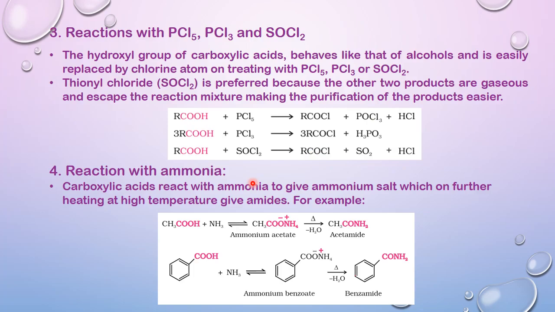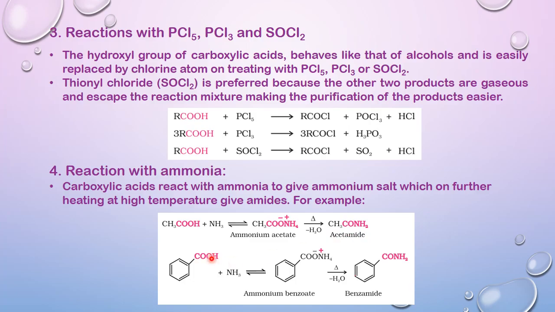Fourth reaction is reaction with ammonia. This is simply called ammonolysis as well. When a carboxylic acid, either aromatic or aliphatic, reacts with ammonia, first we obtain the ammonium salt and later, by removal of a water molecule, we obtain the desired amide.